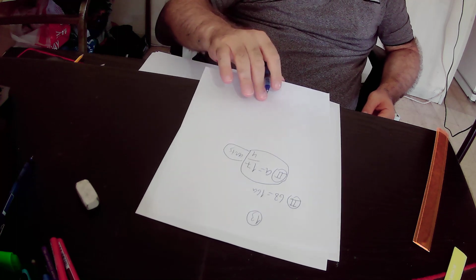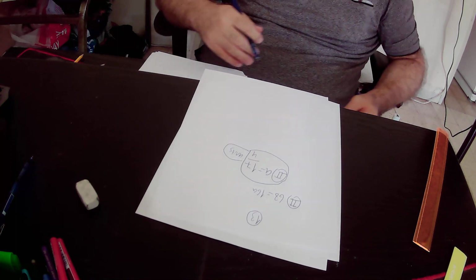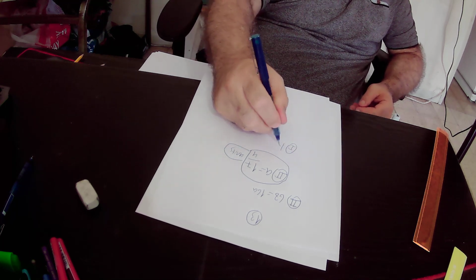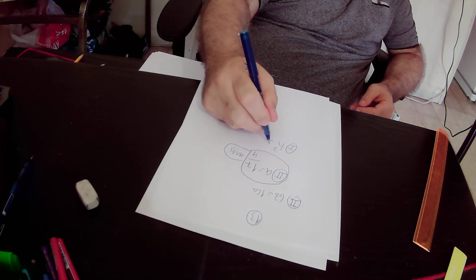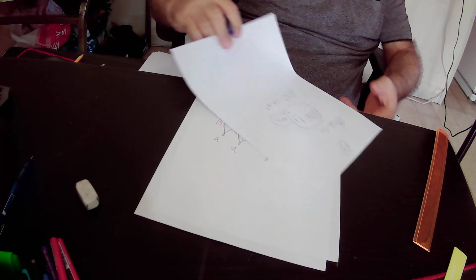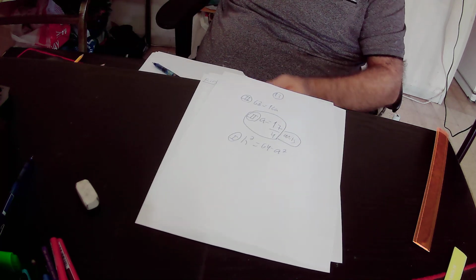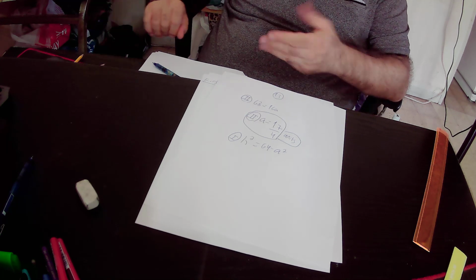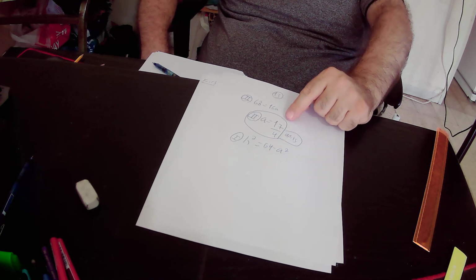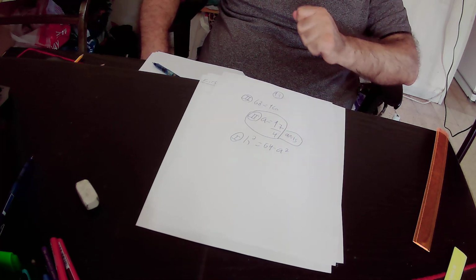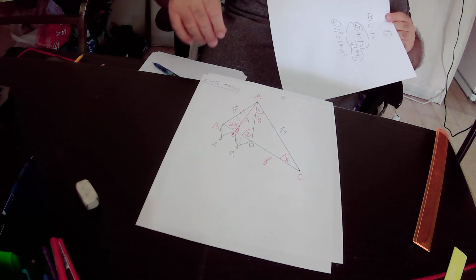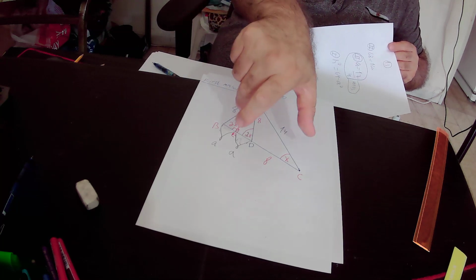After we found the value of a, we have equation number 1 that states that h squared equals 64 minus a squared. So we can substitute a squared by 17 over 4 squared, and we will get the value of h, that is the height of triangle ABC when the base is BC.